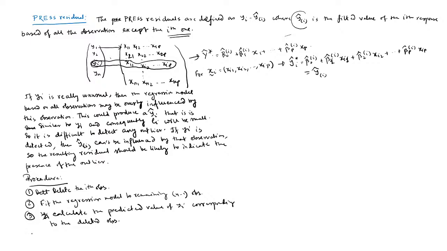Then step 4, we calculate e(i), which is equal to yi minus yi hat, where i is written within the first bracket. Now we can compute all such e(i) for all n observations.